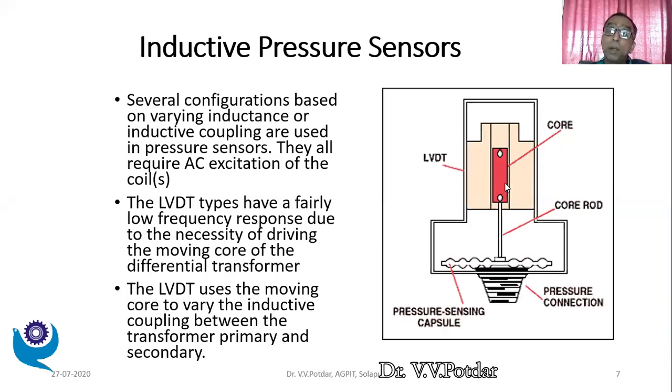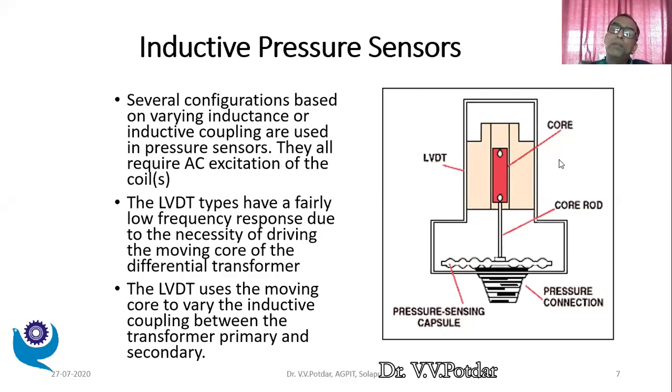Now displacement of this core is dependent upon the displacement of the top surface of the capsule or bellow or a diaphragm. So there is a relationship between applied pressure and the diaphragm movement or diaphragm linear motion. So I know P applied is equal to some constant C into motion X or motion Y, whatever you call it. So this relationship I know. Now this motion X or motion Y is correlated with output voltage.